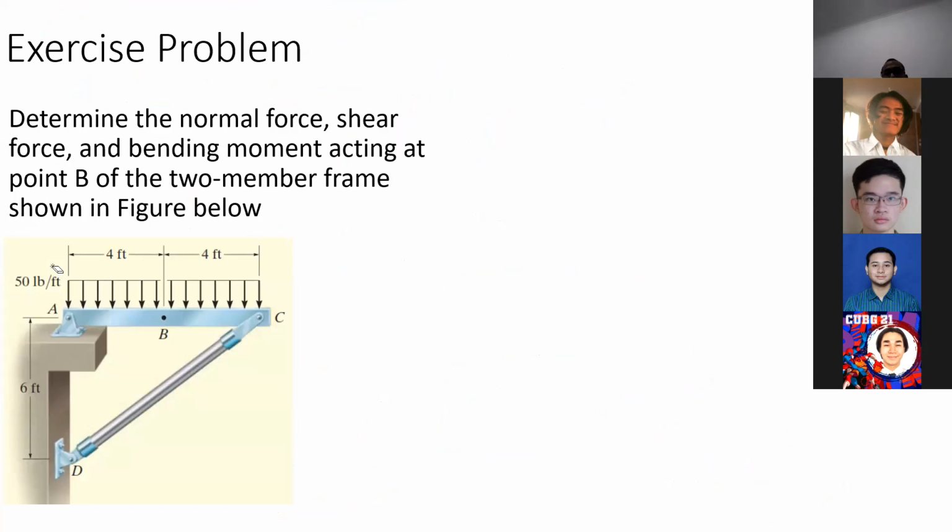Okay, this is another exercise here. We are asked to find out the internal normal force, internal shear force, and internal bending moment at location B. So there you can solve for the left section or the right section.